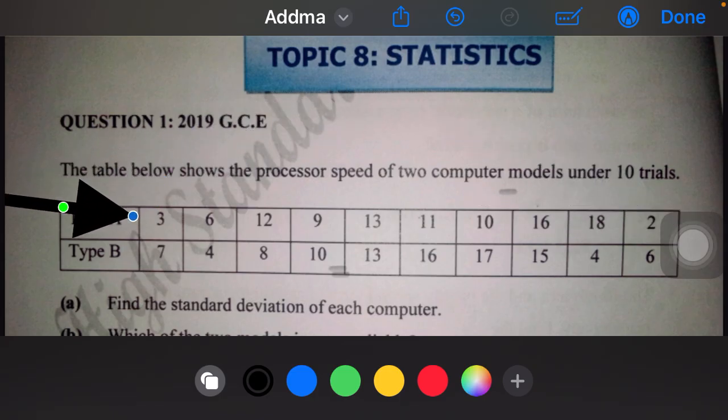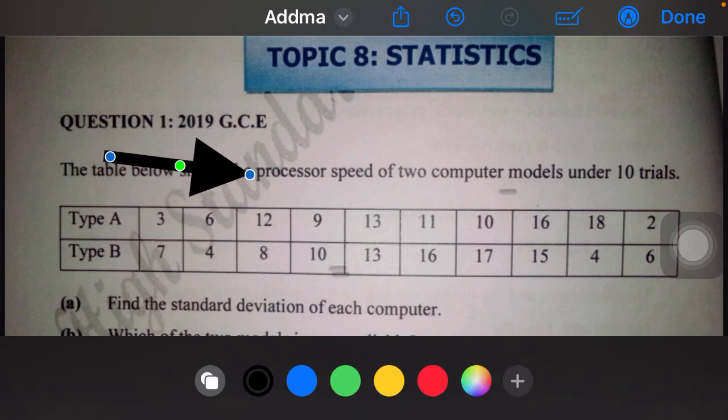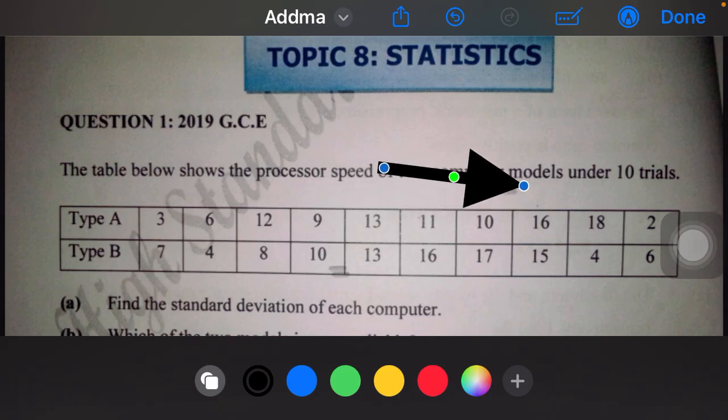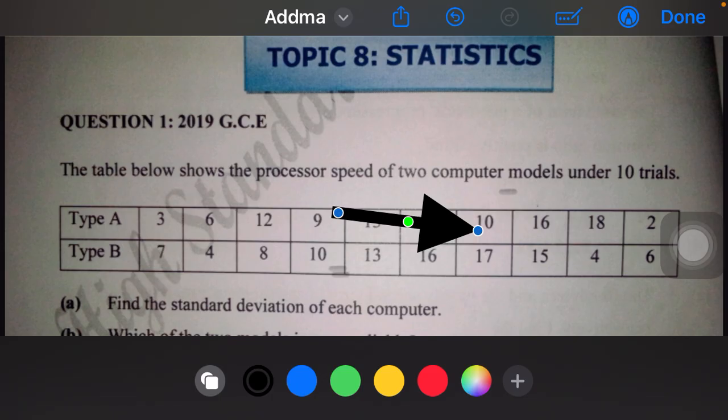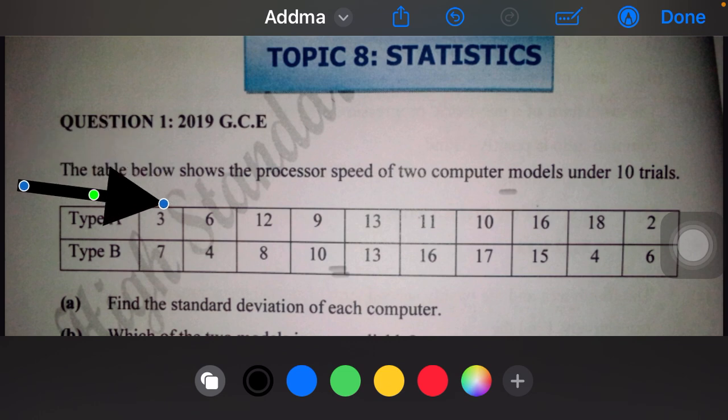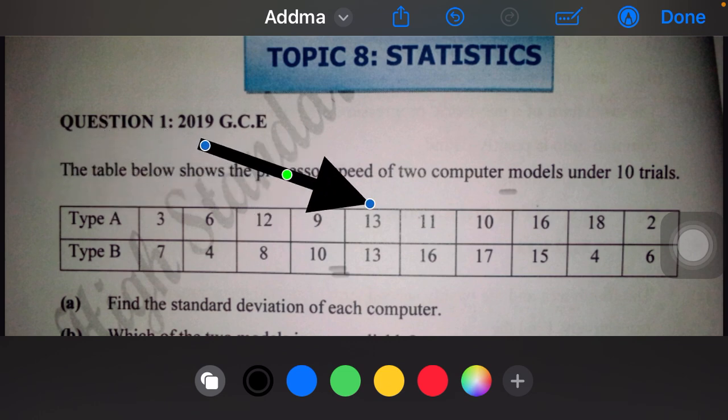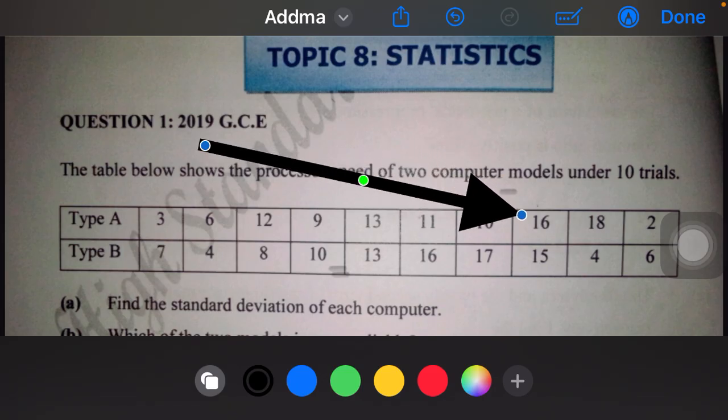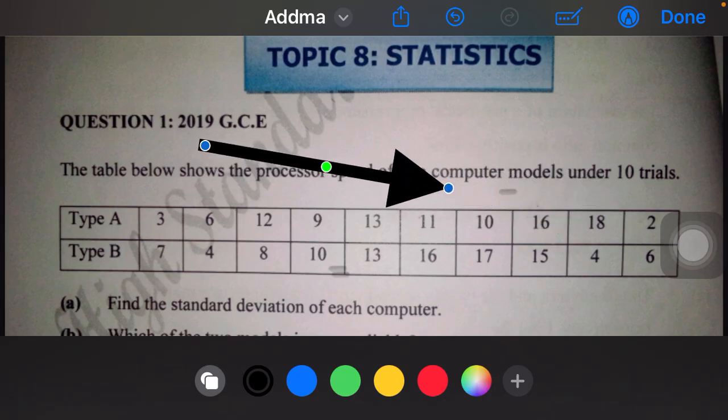So to find the sum of all the terms, we simply say 3 plus 6 plus 12 plus 9 plus 13 plus 11 plus 10 plus 13 plus 18 plus 2. This is the sum of the terms. Then you divide by the number of terms. How do you find the number? Just count it: 1, 2, 3, 4, 5, 6, 7, 8, 9, and 10. That's the number. Hope it's clear.